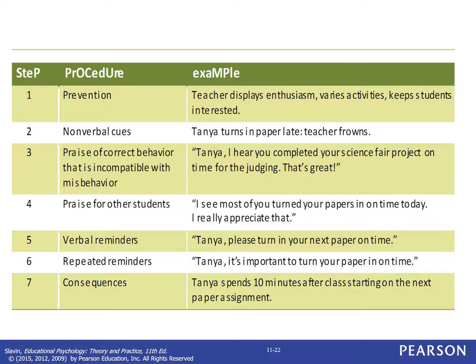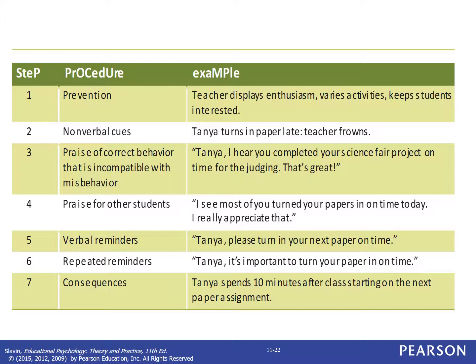Take, for example, this table. First step on all misbehavior is to prevent it. And we talked about ways to prevent it: displaying enthusiasm, varying your activity, keeping students interested. But if it does occur and it's minor, you can use nonverbal cues such as frowning and looks over your glasses, a hand on the shoulder.